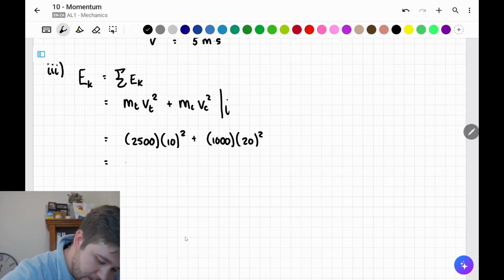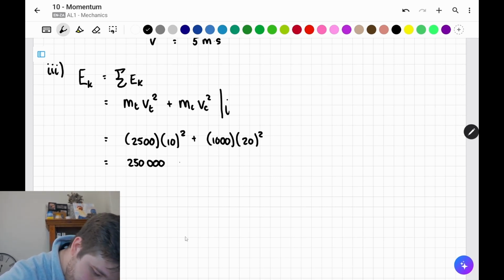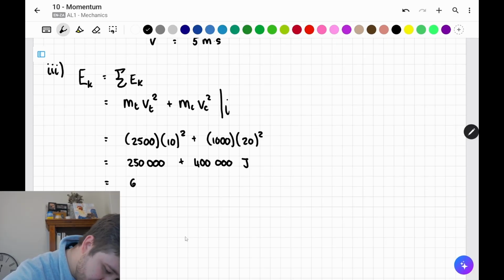We will get 250,000 joules for the truck and 400,000 joules for the car, for a total sum of 650,000 joules, or a little bit simpler, 650 kilojoules.